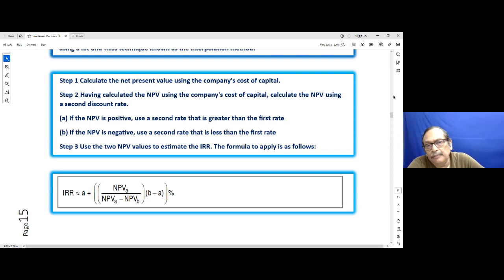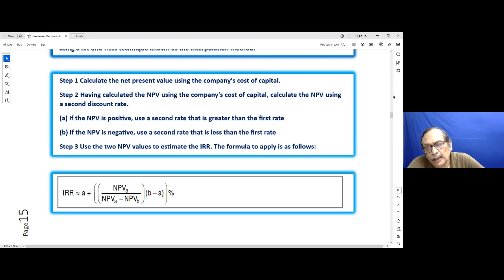And step 2, having calculated the NPV using the company's cost of capital, we are required to calculate the NPV using a second discount rate. Remember, in the examination hall, time management is important.